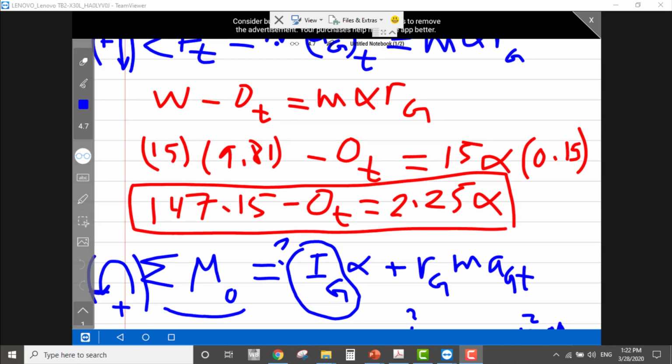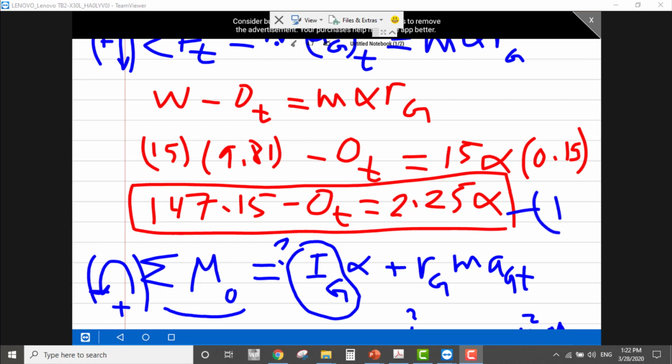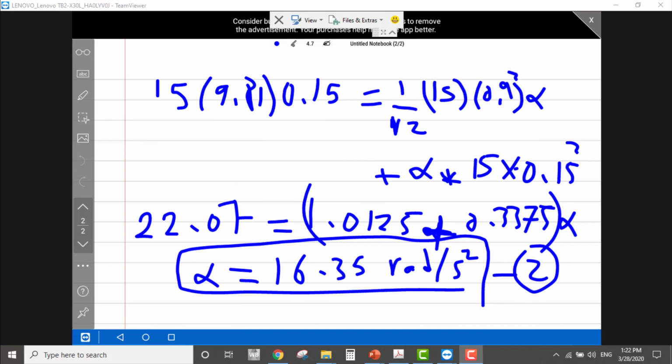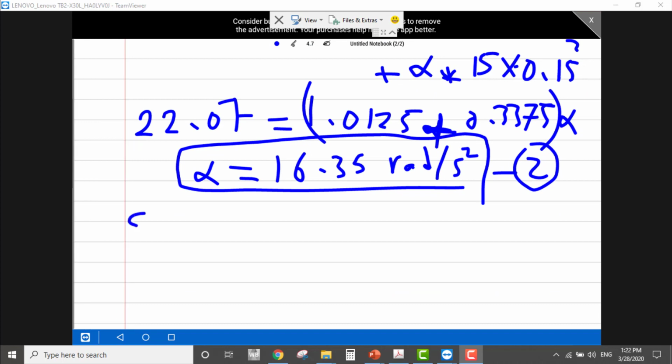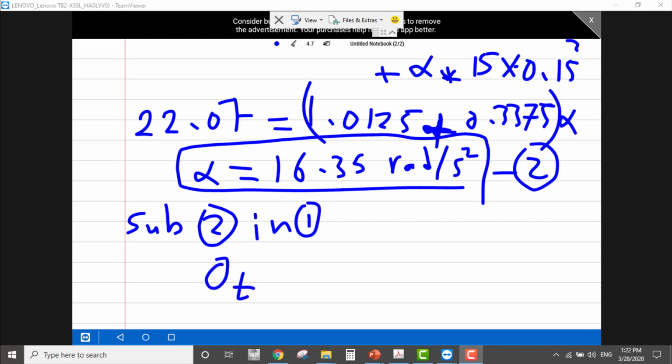Now if we substitute 2 in 1, you will find out OT, the reaction in tangential direction, equal to 110 newton.